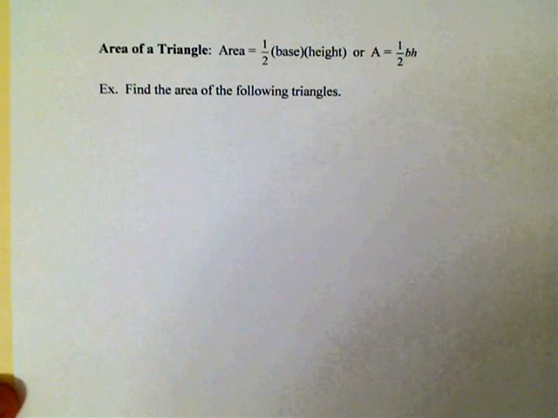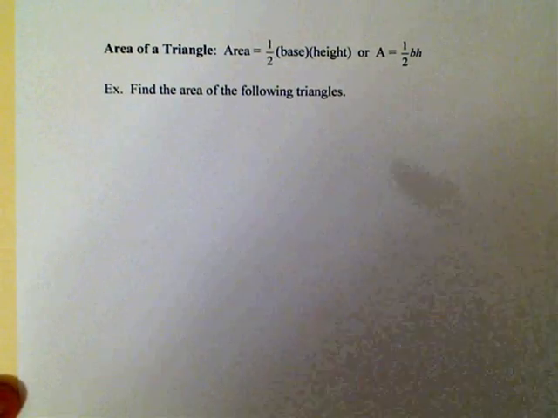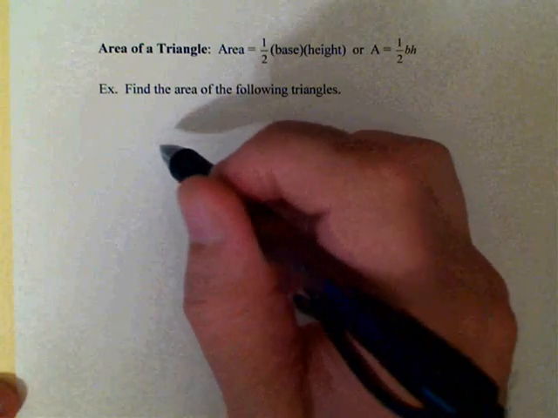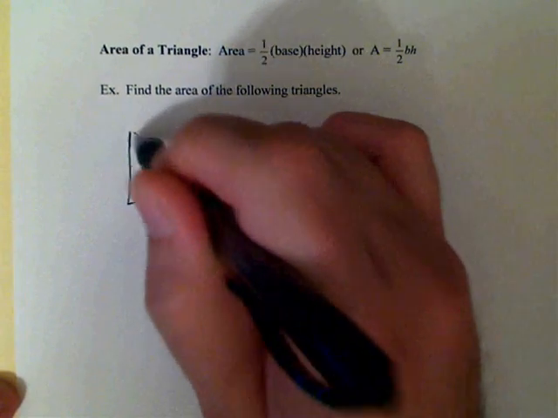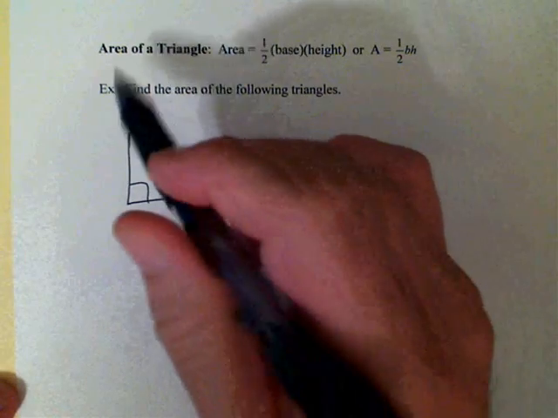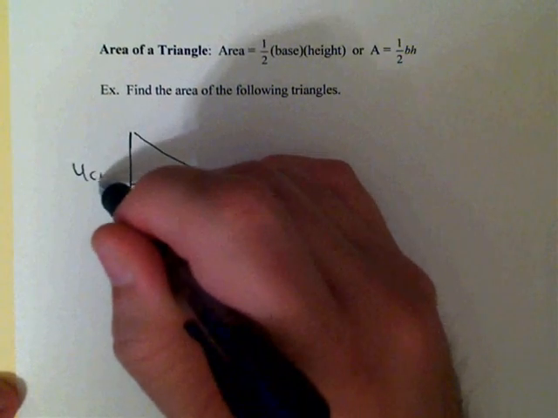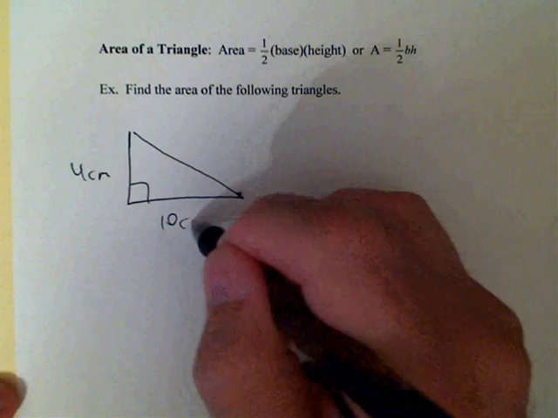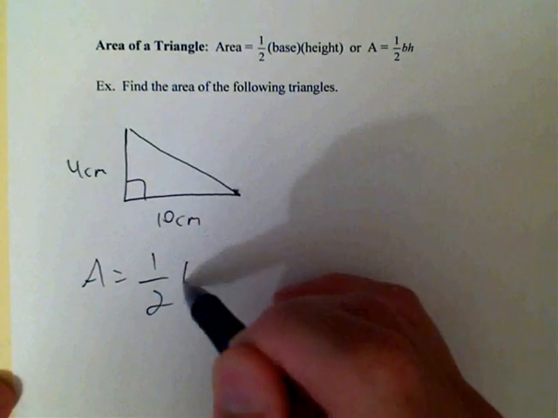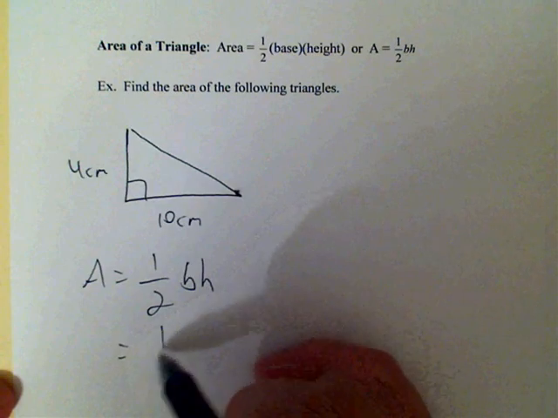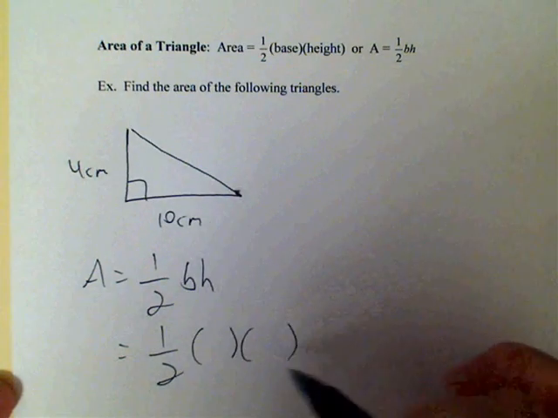Let's do some examples. Let's find the area. We'll do a couple of triangles. Let's do a right triangle. Let's say this is 4 centimeters and this is 10 centimeters. So the formula we're going to use is 1/2 base times height. Notice how I write these out.